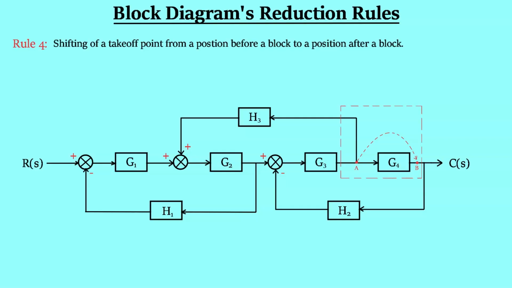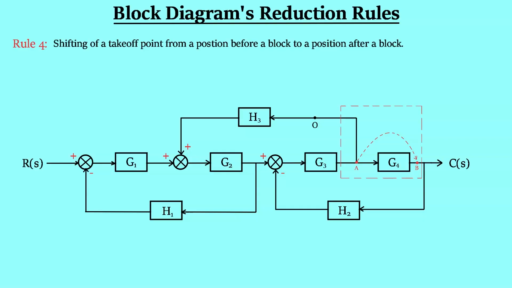One thing you have to keep in mind while validating different rules is that even though we are using the reduction methods, it does not mean we are going to change the input of any other block. Like for example, here the signal O is the output signal which is coming out of the takeoff point A, which is its original position.